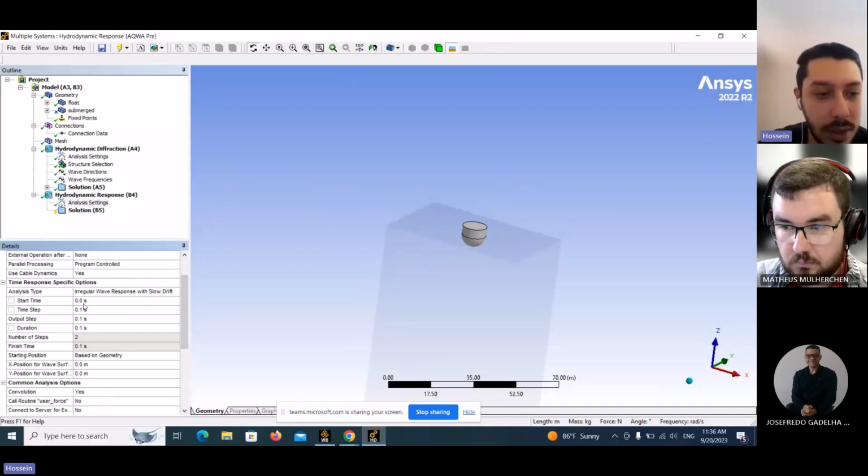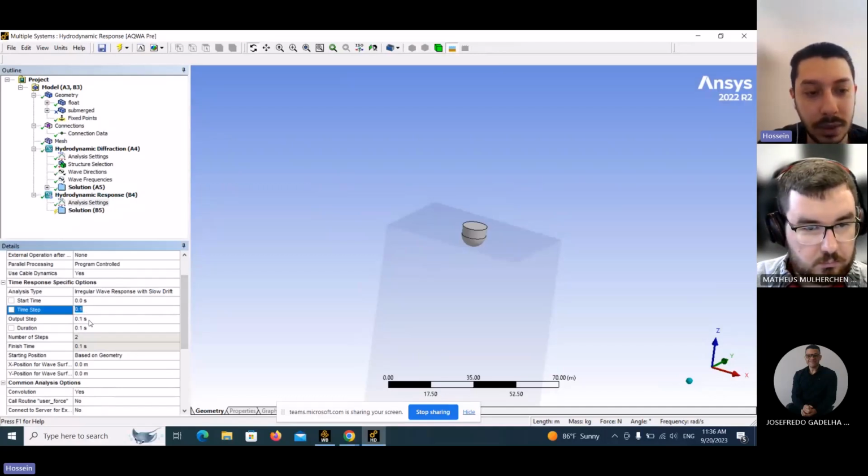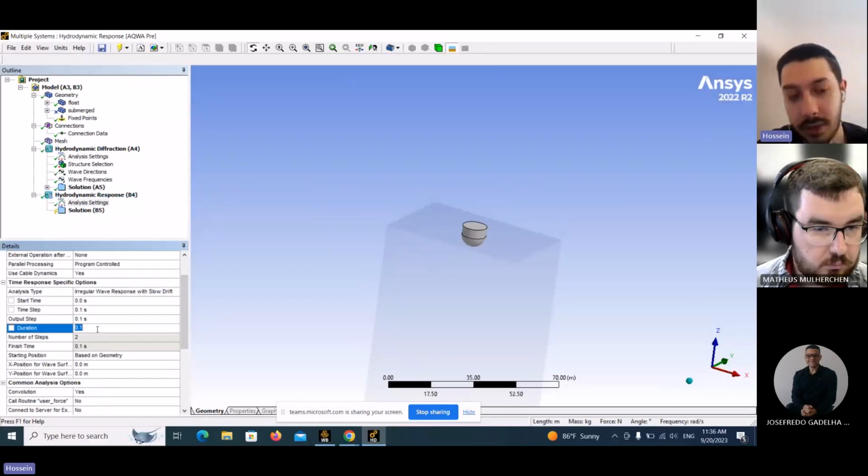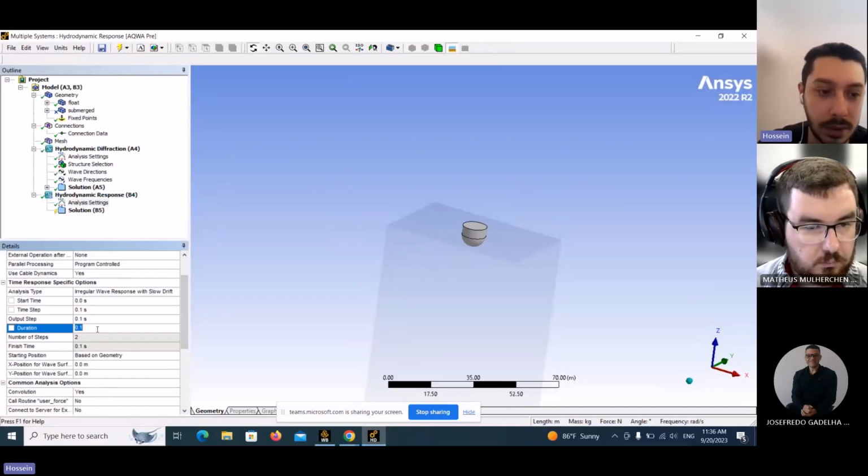The start time is 0, and the time step we assume to be 1 per 10, and the duration means the end of your time duration. We can choose it like 300 seconds.